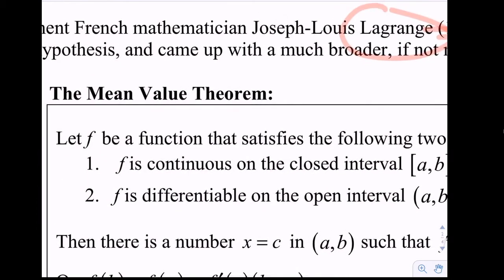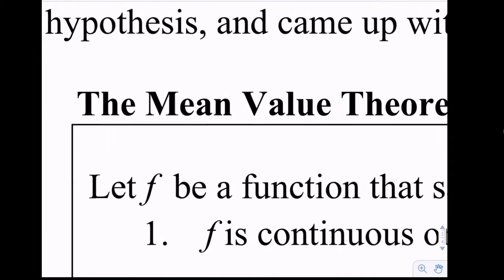And this is probably one of the most important theorems we'll talk about all year long. Now, we had the intermediate value theorem. Intermediate kind of implies something in between. We had the extreme value theorem. Extreme implies eating Mountain Dew and Doritos while snowboarding off a cliff. Big y values, small y values. What does mean imply?